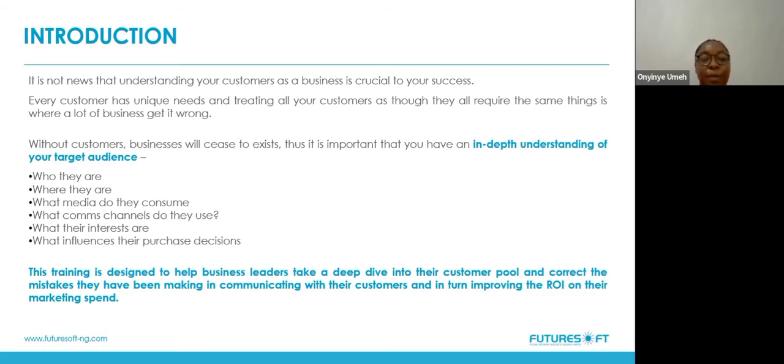It's also important to know what influences their purchase decision. This is a very, very important part, one that as marketers, as business owners who operate on digital, we sort of forget, because there is an emotional part that we don't see when we look at our customers.